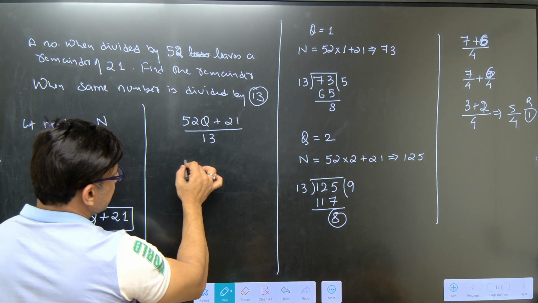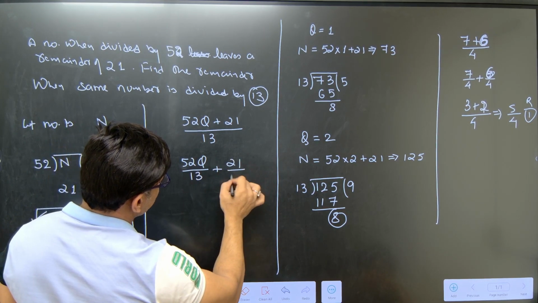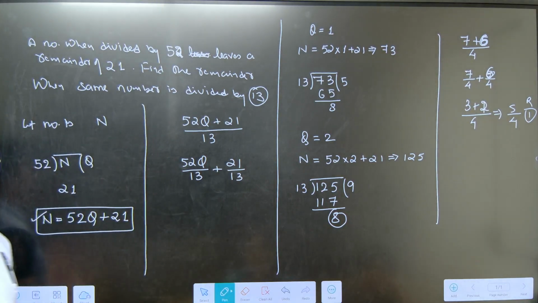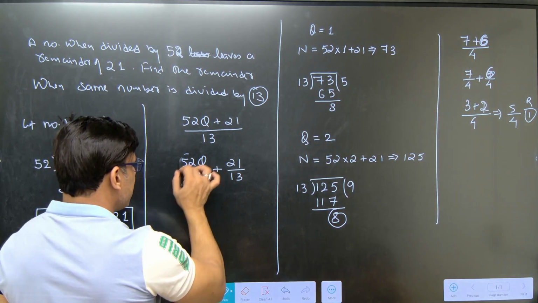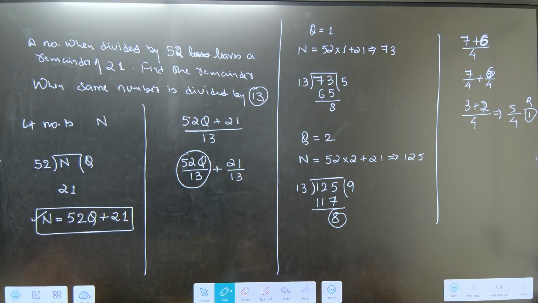Can I write this as 52q by 13 plus 21 by 13? What is the remainder in this case?